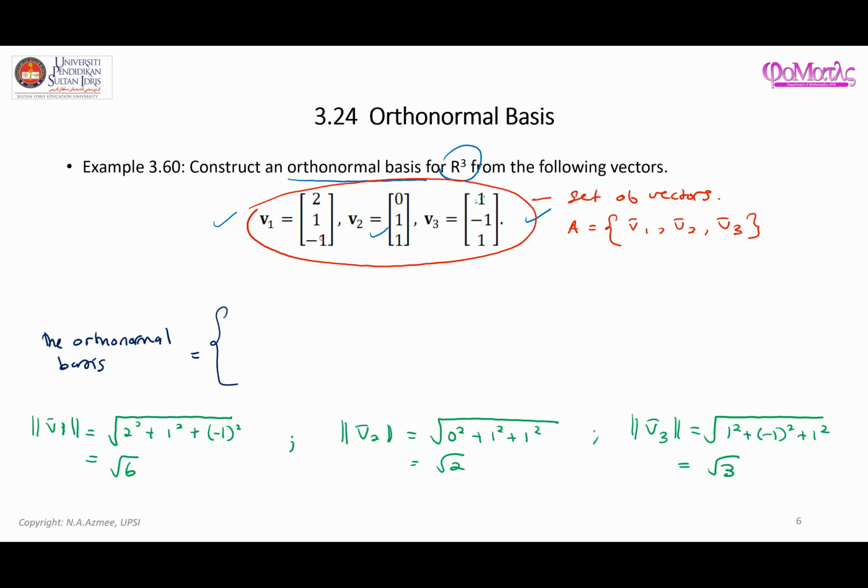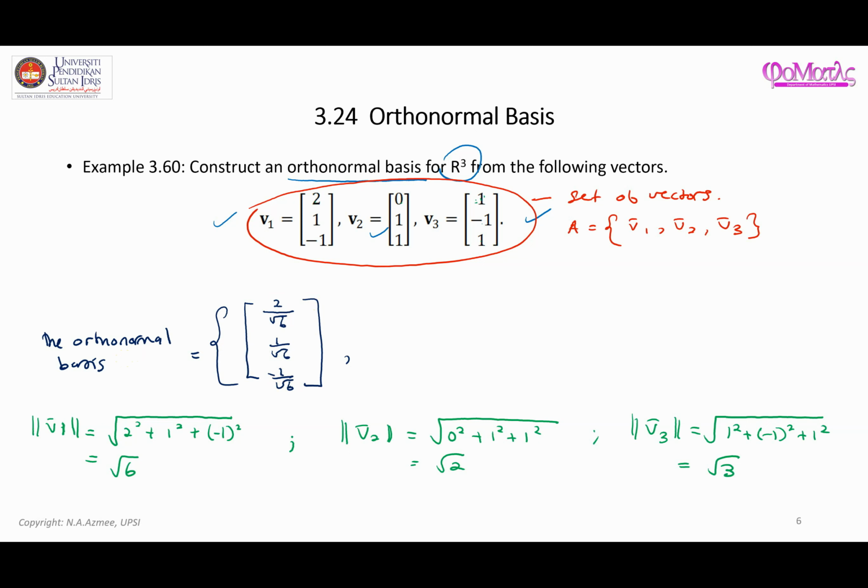Each component here will be divided by the magnitude. So it will be 2 over square root 6, 1 over square root 6, negative 1 over square root 6. This is the first new vector in the orthonormal basis.